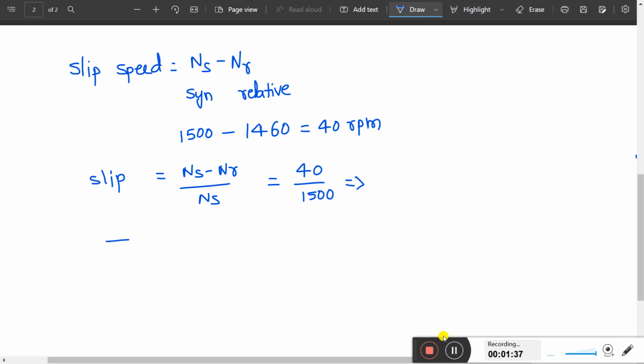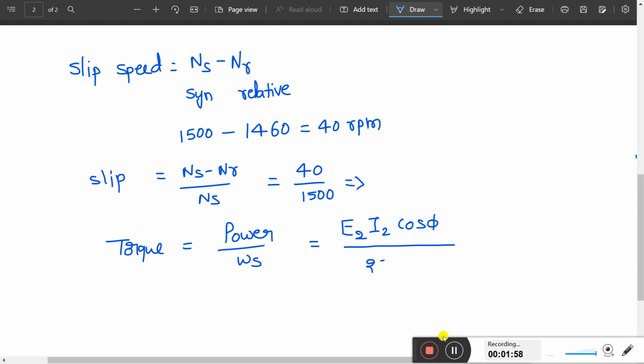And coming to the torque, in case of an electrical motor, the torque we can define as power by omega s. Here power we all know, voltage into current into power factor, and omega s we know is 2 pi Ns by 60. It is an angular velocity. In this torque we have three major things.